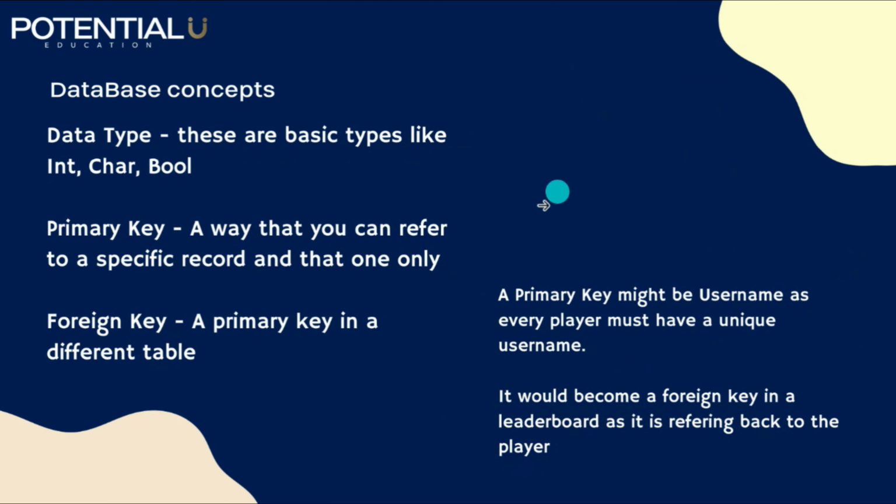So just to jump in, Alex, what would be the difference between a table, a record, and a field in a database? So if we look at this from the big picture, we can have class 8, and class 8 is all of the pupils in the school.